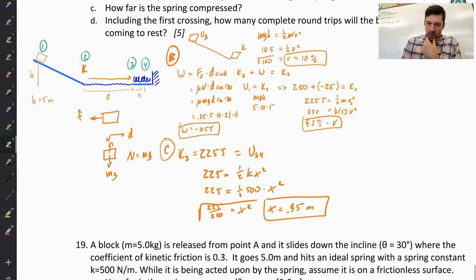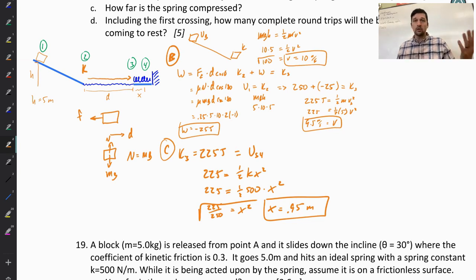And lastly, the question asks, including the first crossing, how many complete round trips will the box make before coming to rest? All right, well, I like this idea of crossing. Imagine yourself as a swimmer, and you've got to go from here to there, and to get from here to there, you have to use up a certain amount of your energy.